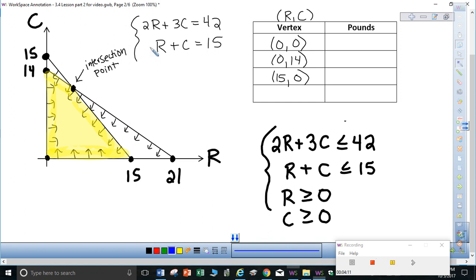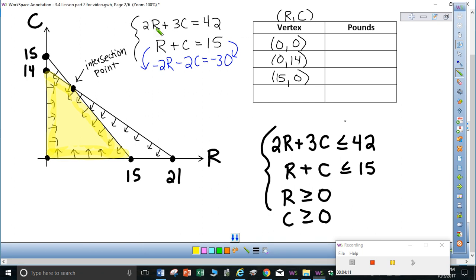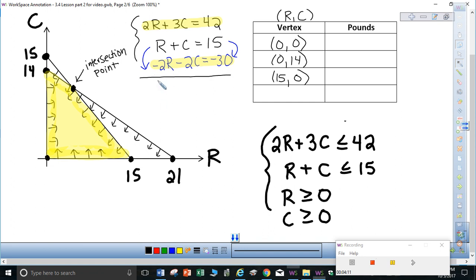So I'm going to multiply everything in the second equation by -2. You could have multiplied everything by -3, or you could have just done substitution. All right, so I don't get confused, I'm going to highlight the two equations that I'm adding together. So the first original equation, the new version of the second equation. So 2r plus -2r cancels out. 3c minus 2c is 1c.